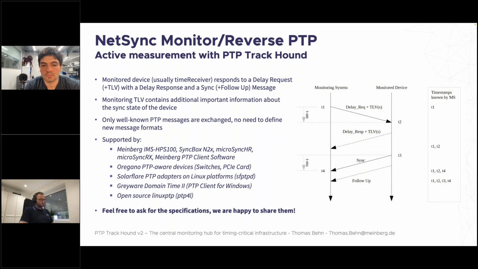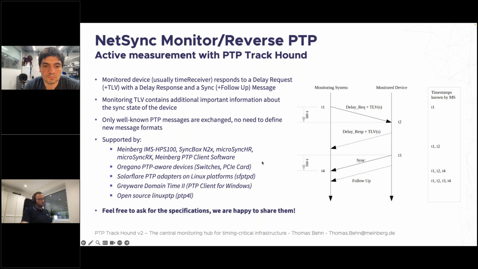They have this special fork of PTPD, which they call SFPTPD, and they integrated the mechanism as well. And it's also supported in Greyware Domain Time II, which is a PTP client for Windows. And from my point of view, most importantly, it's supported by PTP4L. So whenever you use PTP4L, you can also use this mechanism.